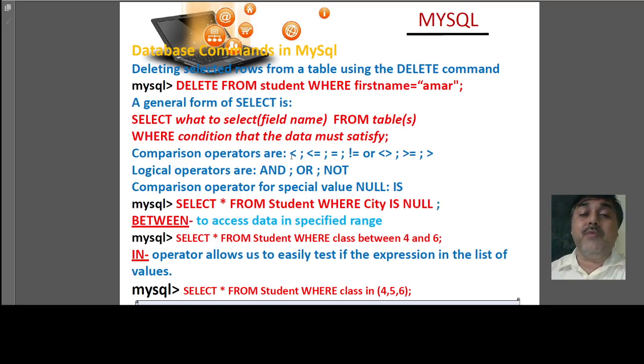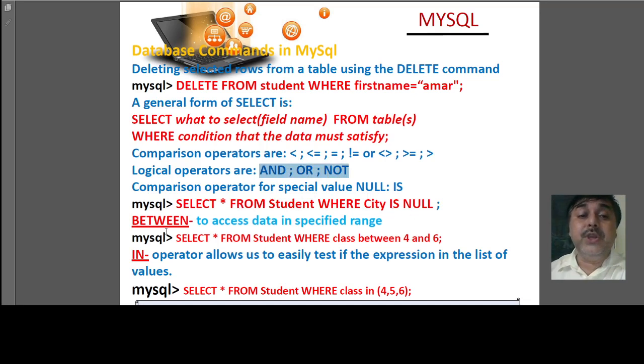Now here we have comparison operators like greater than, less than, equals, not equals, less than or equal to, greater than or equal to. Logical operators are and, or, not, all these things are there. And the comparison operator is followed by null. Suppose select asterisk from student where city is null.